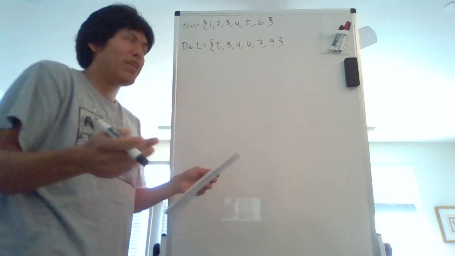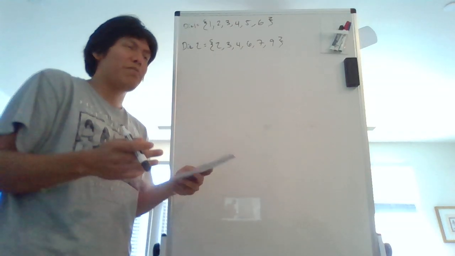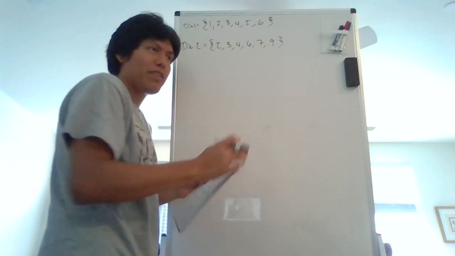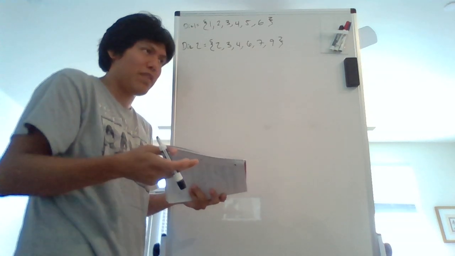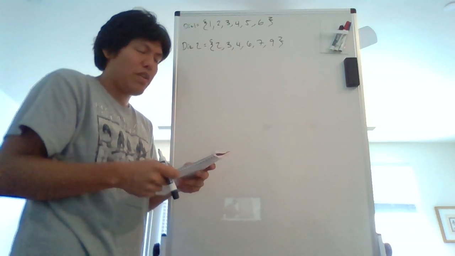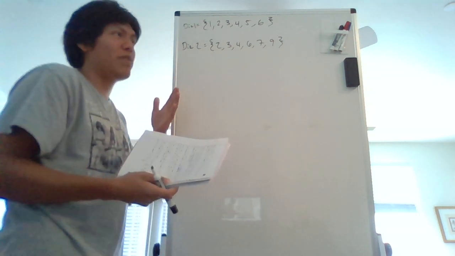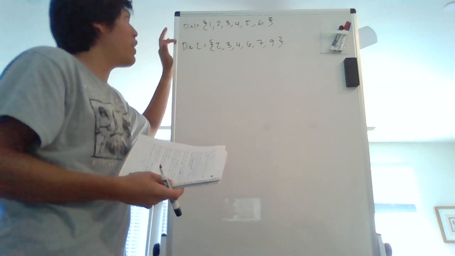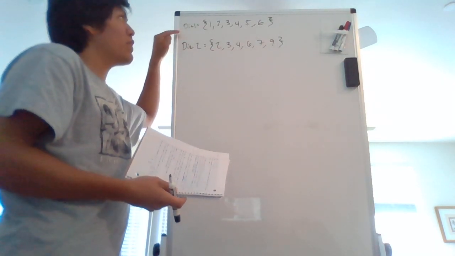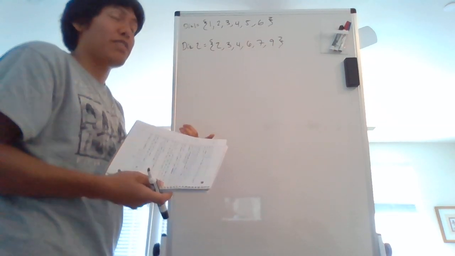Okay, so this one's easy, but you're going to write out a lot of stuff. So the easiest way we can find out the number: first, how many possible combinations are there? We have 6 faces here and 6 faces here, so 6 times 6 is 36.